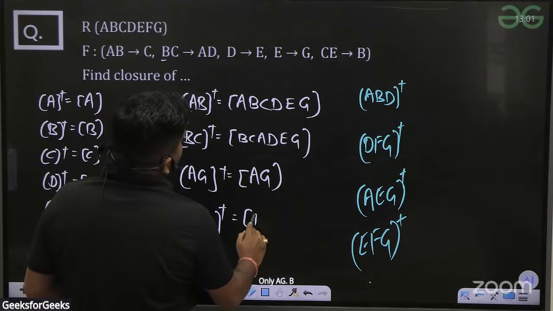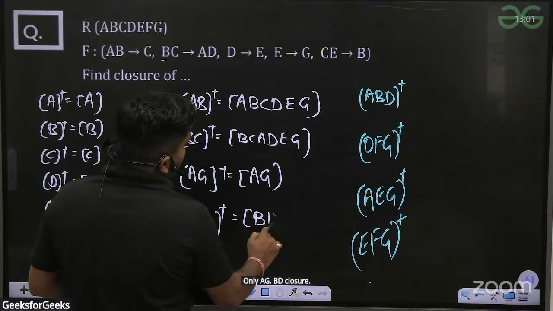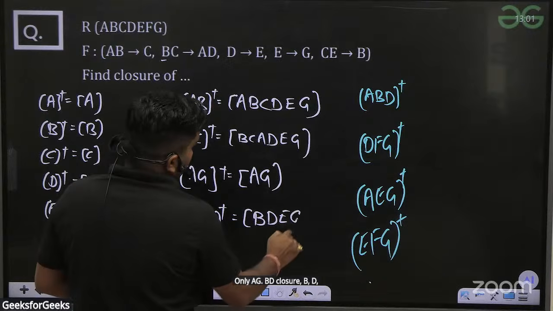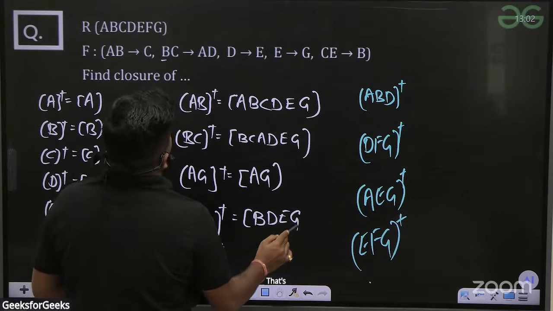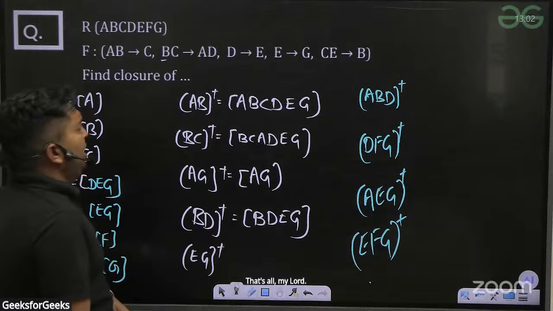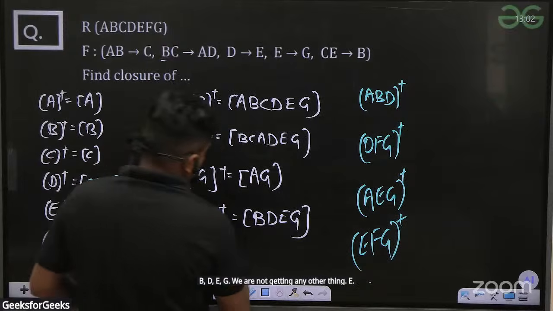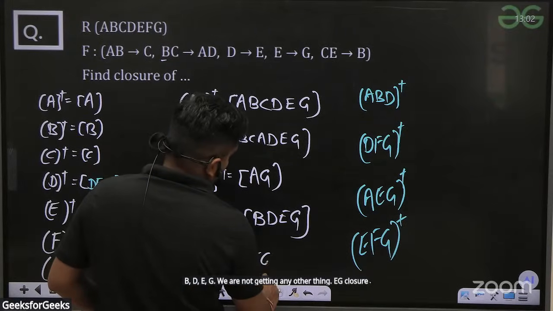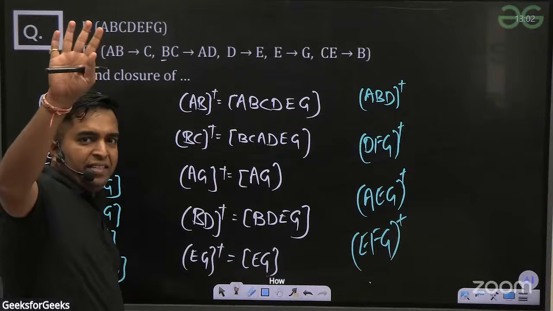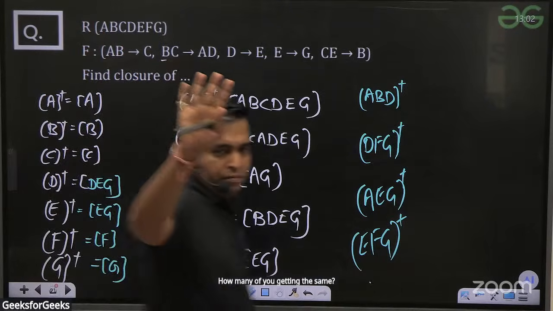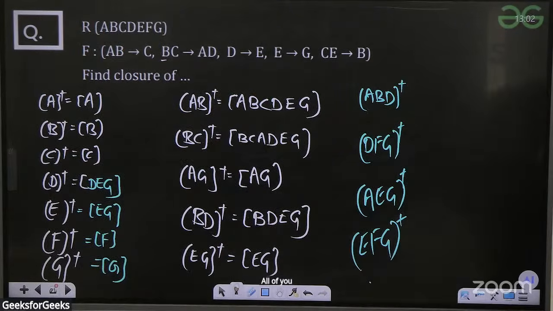BD closure B, D, E, G. We are not getting any other thing. EG closure EG. How many of you are getting the same? Anyone getting different?